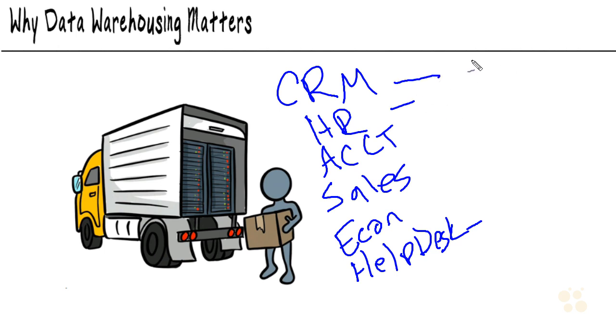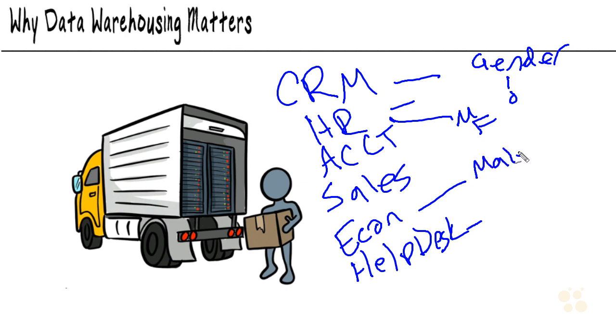And further, what if we're collecting biographical data? For instance, maybe in our CRM, we're trying to figure out what the gender is. Maybe this will store our male and female as a 1 or a 0. Maybe HR will store it as an M or an F. Maybe economic data might store it as written out male or female. Do you see how there's this huge inconsistency in the data across all of our data sets, which also makes reporting on it just a total nightmare?